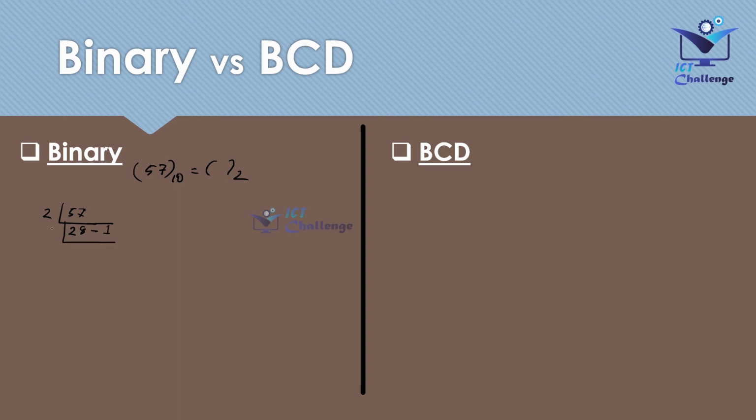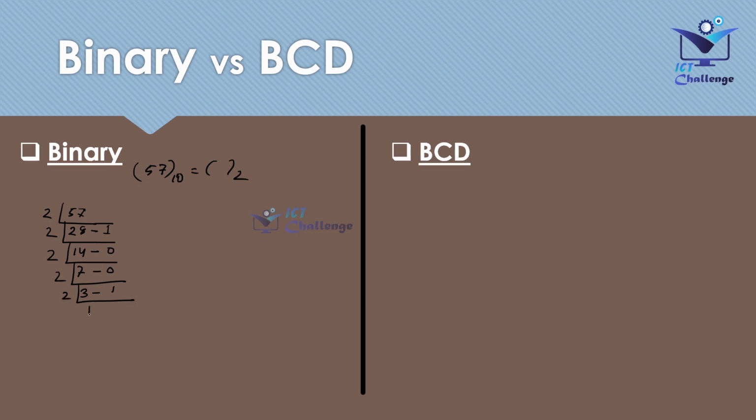Then divide this by 2, then you will get 14 and the remainder is 0. Also we divide this by 2, so 7 is our result and 0 is our remainder. Also divided by 2, 3 is our answer and 1 is our remainder.